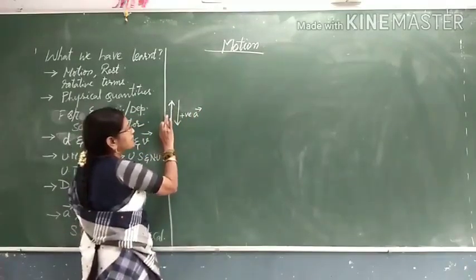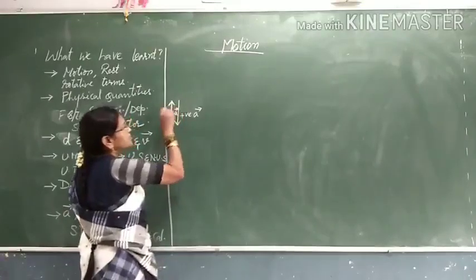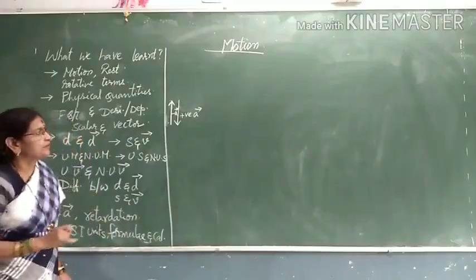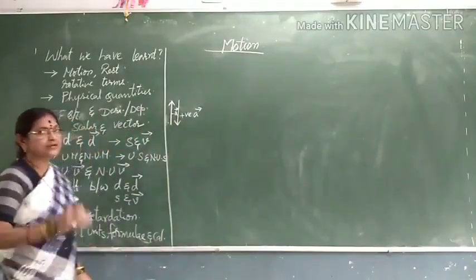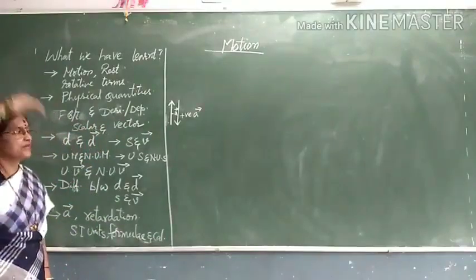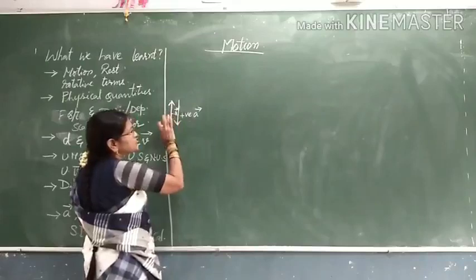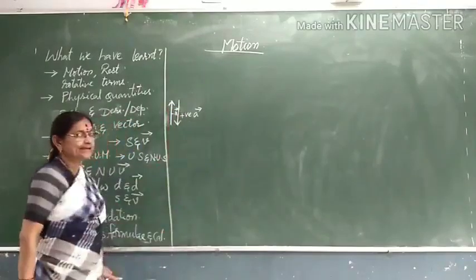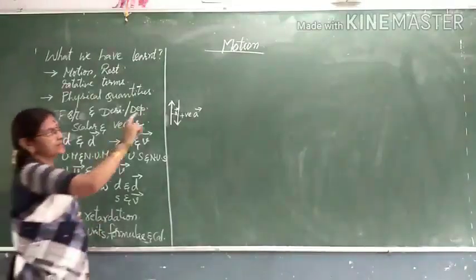Why is this negative acceleration? Because it is going against gravity, so the velocity goes on decreasing as the height from the earth increases. Whereas here it is towards the earth, so its velocity increases. When velocity increases, what term do we use? Acceleration.